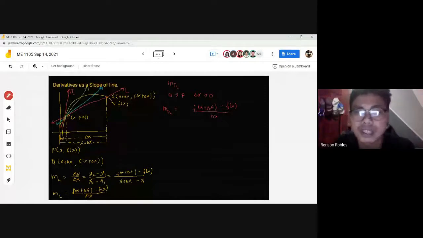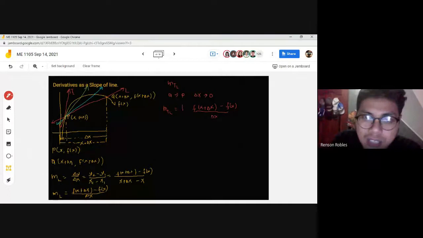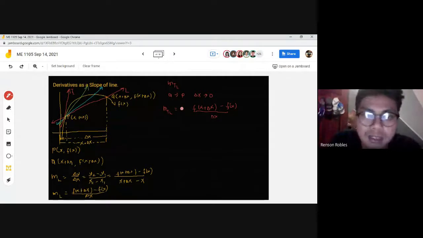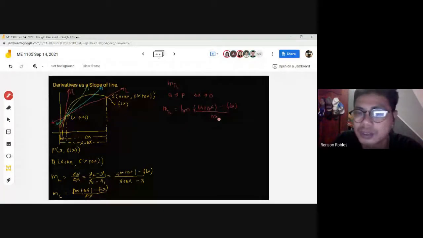Now, to get the approximate slope of the tangent line, you just use the definition and the theorems of limit. So you use the limit of f of x plus delta x minus f of x all over delta x as delta x approaches 0. And this slope defines the first derivative of the function f of x.